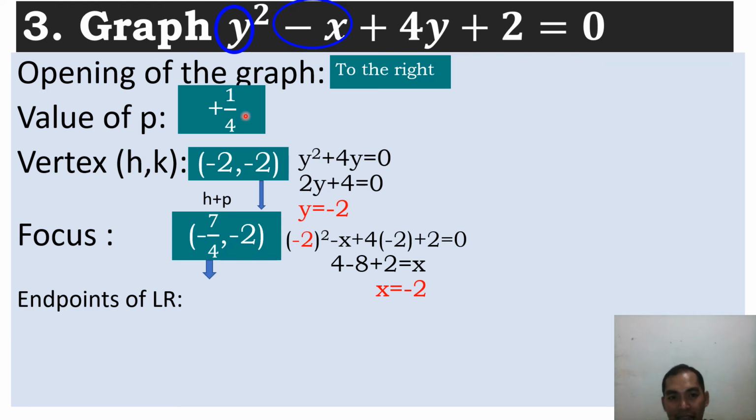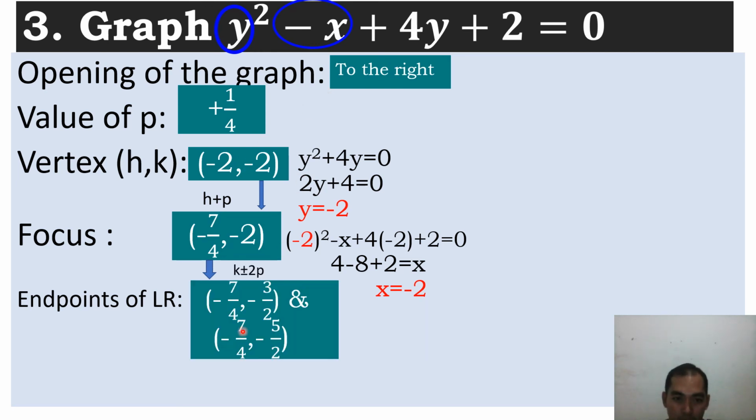So, 1/4 times 2. 2 over 4 is 1 over 2. So, 1/2. So, negative 2 plus 1/2 is negative 3 over 2. And negative 2 minus 1/2 is negative 5 over 2. So, we have negative 7 over 4, negative 3 halves and negative 7 over 4, negative 5 halves.